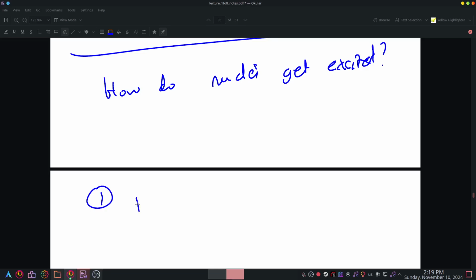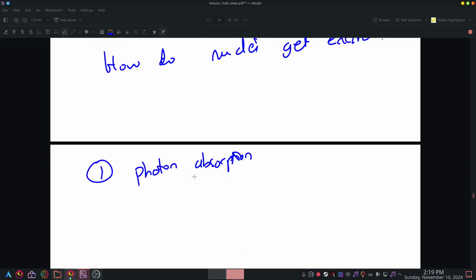One is by photon absorption. Photons are basically light particles that carry electromagnetic radiation. When the nucleus absorbs a photon, it gets excited. It can also be de-excited by releasing photons, which is very, very common.